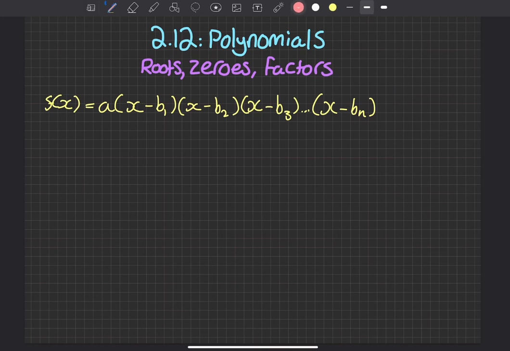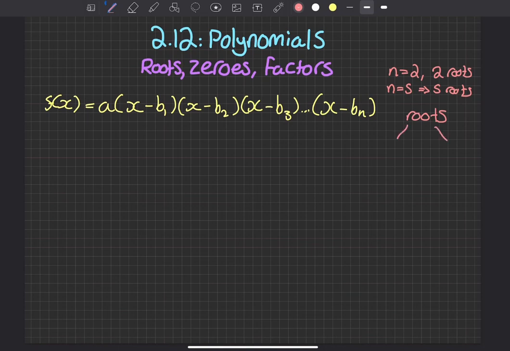So for a quadratic, which is n equals 2, you have 2 roots, right? So you just had 2 of them for quadratics. If you had n equals 5, you would have 5 roots, right? You would have 1, 2, 3, 4, 5. And now these roots, they can come in different forms or types, basically.